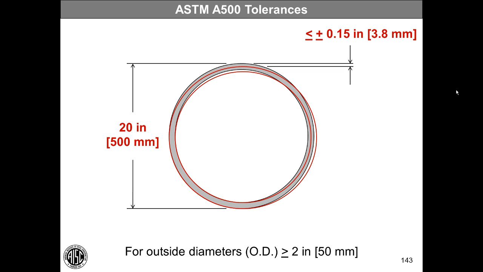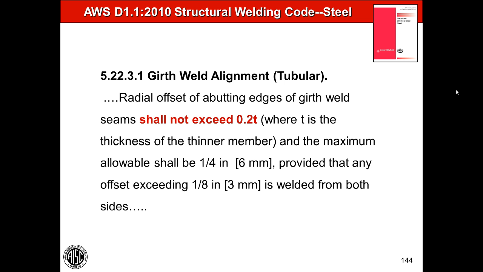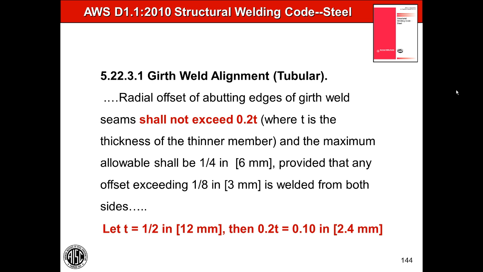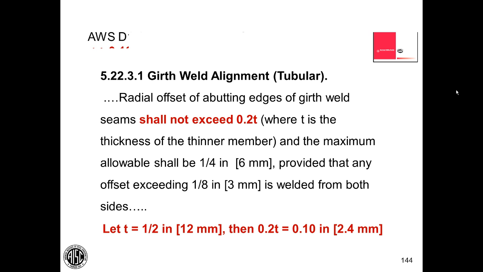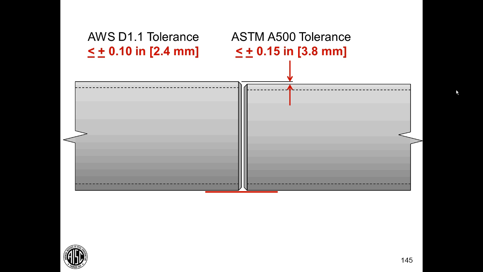But allow me to go to the structural welding code, and I see that when I abut the joints, I'm given a maximum allowable of how far off I can be. And that turns out to be 0.12 inch. Now what I hope you can see is that I've used up almost all my tolerance, I've used up more than my tolerance in my as received tolerance on the material.